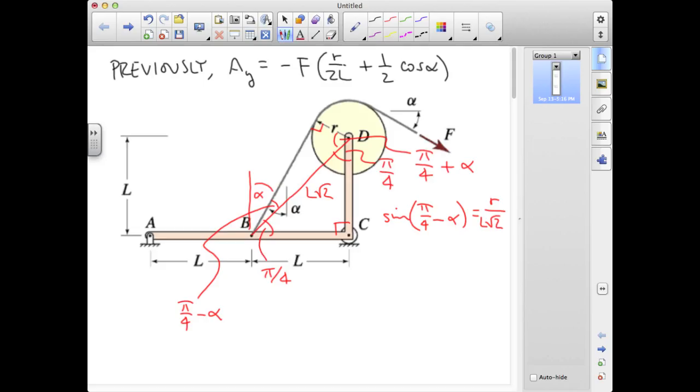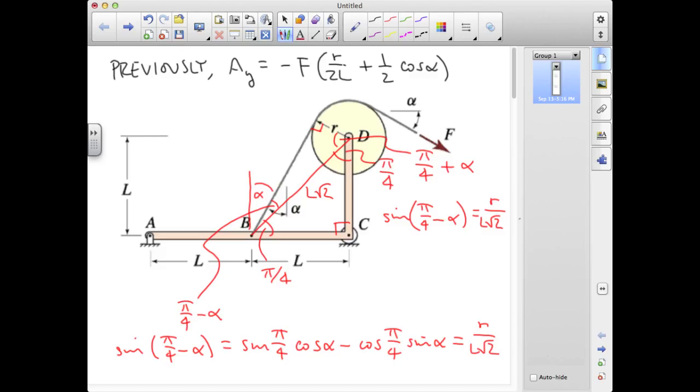If we then just use a trig identity to expand that sine pi over 4 minus alpha, we have sine pi over 4 cosine alpha minus cosine pi over 4 sine alpha equals r over L root 2.